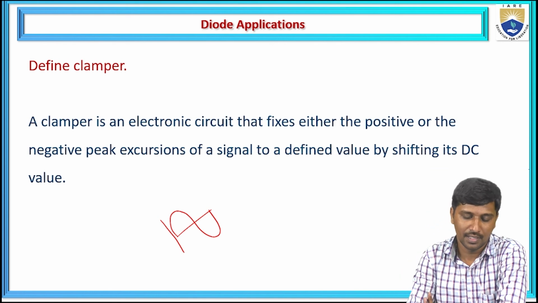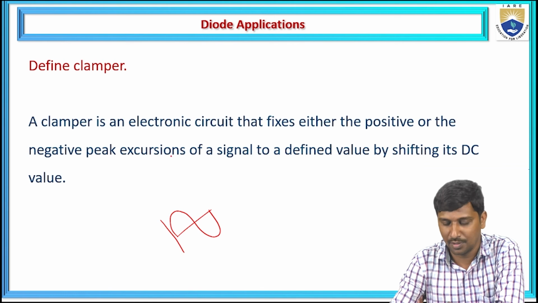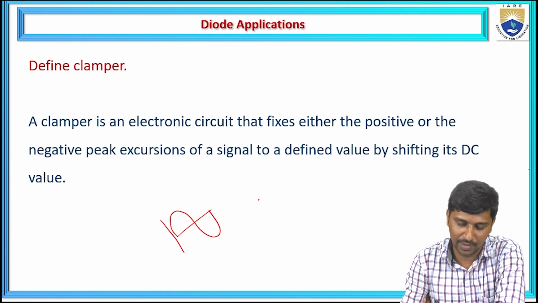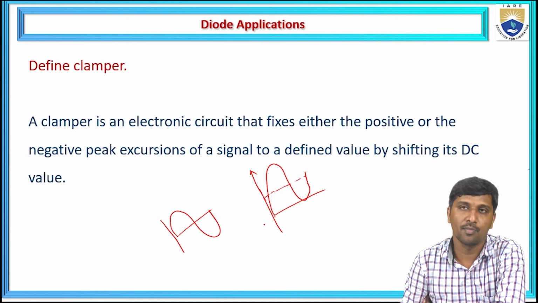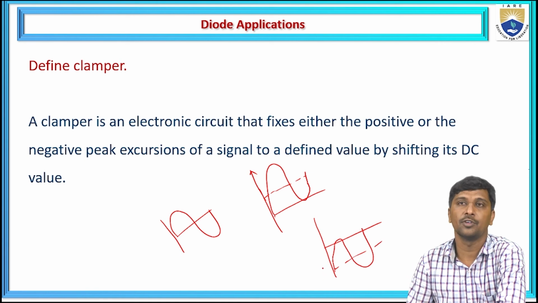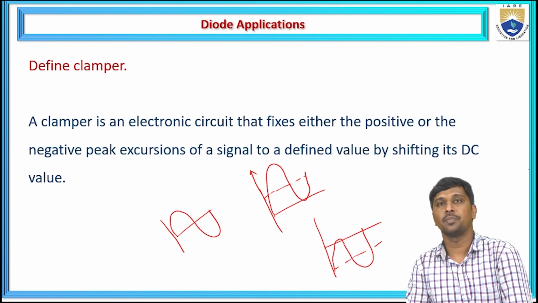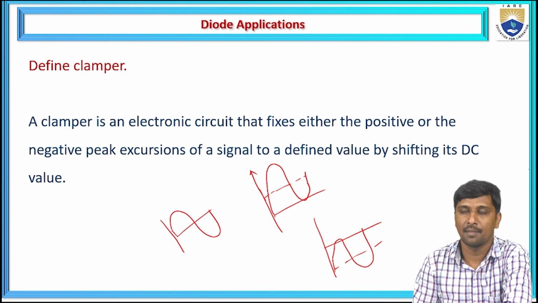So a clamper is an electronic circuit that fixes either the positive or negative peak of a signal to a defined value by shifting its DC value. If I draw like this, the DC level is adjusted at the positive side. If I represent it like this, the DC level is adjusted in the negative portion. This type of operation is done through an electronic circuit called the clamper circuit.